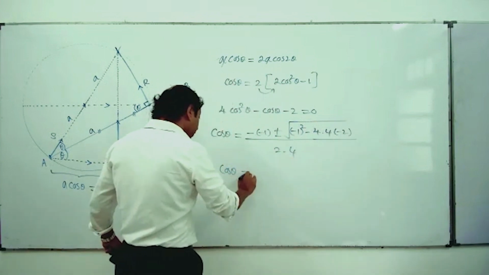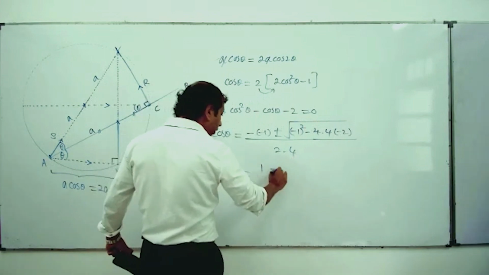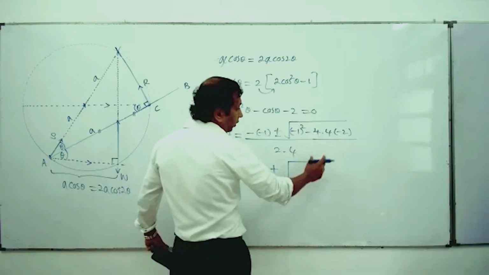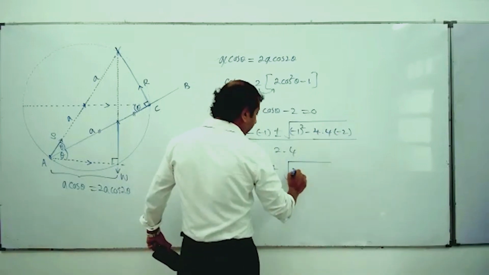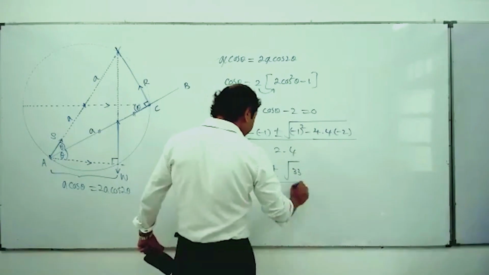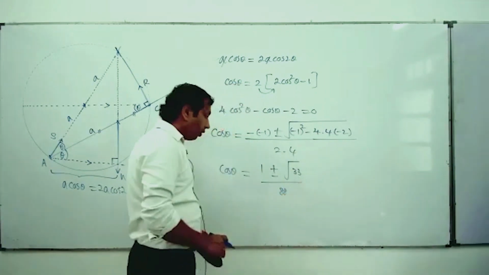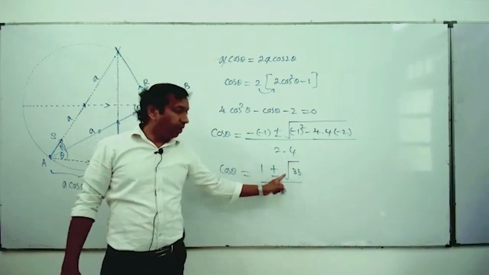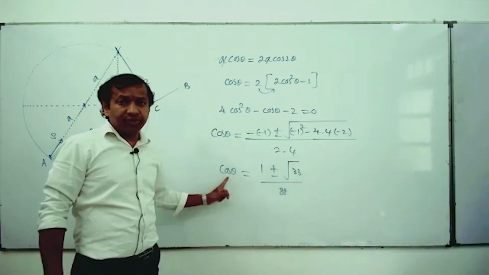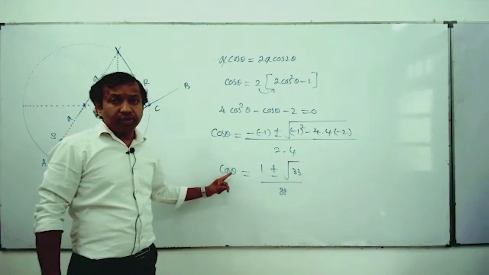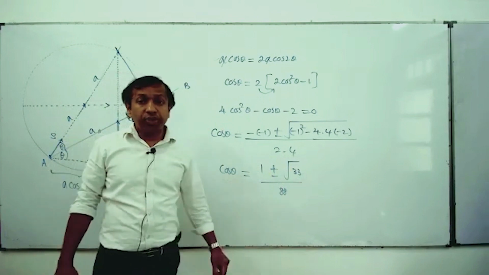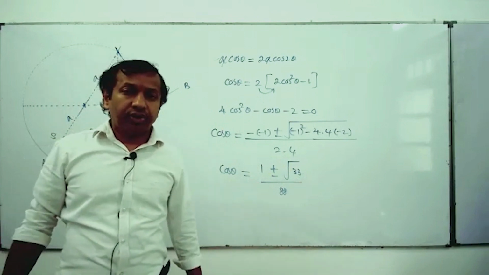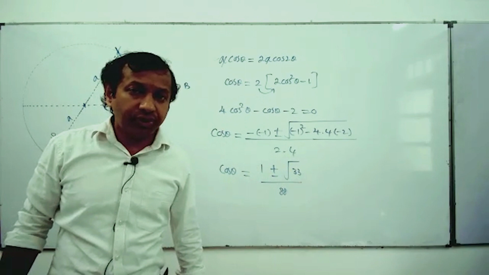Then cos theta is equal to 1 plus or minus, here we get 32 plus 1 is 33, divided by 8. You can see, people, that this minus sign when you take the numerator will be minus. Therefore, this cos theta will be minus. Cos theta becoming minus means theta should be more than 90, because only in the second quadrant and third quadrant is the cos negative.